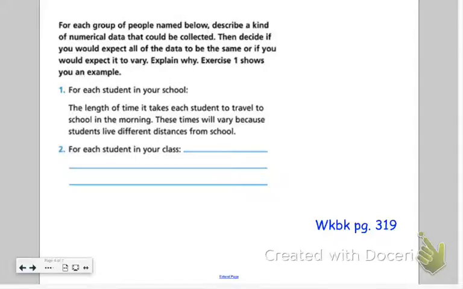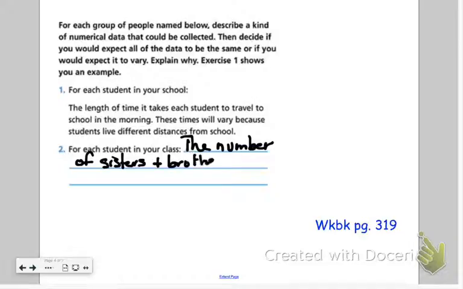So how about this one? For each student in your class, what might you want to know? What numerical data, or what type of numerical data might you collect? I don't know, I'm thinking, how about the number of sisters and brothers each student has.